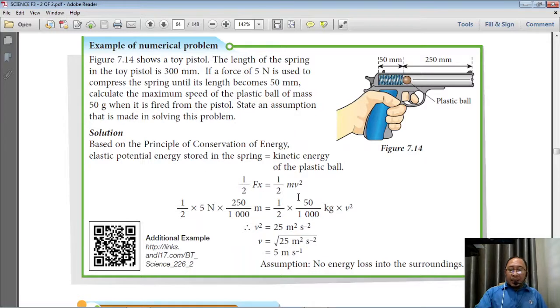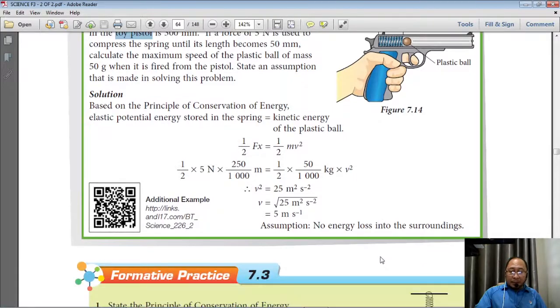We want to know the speed of this bullet, or the ball, because this is a toy pistol with a plastic ball. Using the principle of conservation of energy, we can find the speed. The speed is v equal to 5 meter per second.